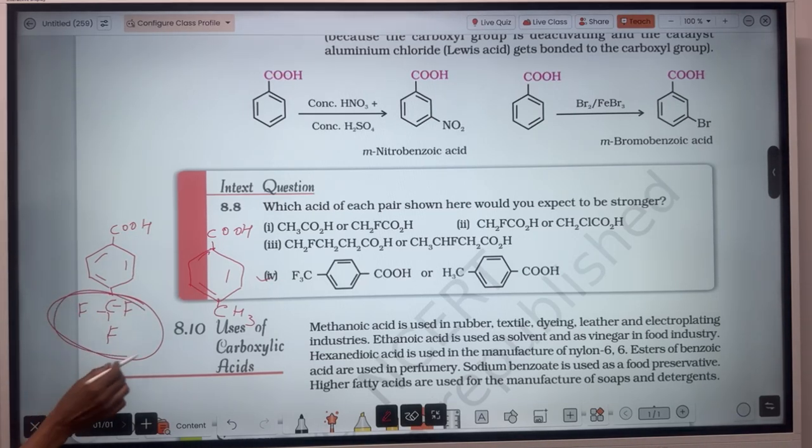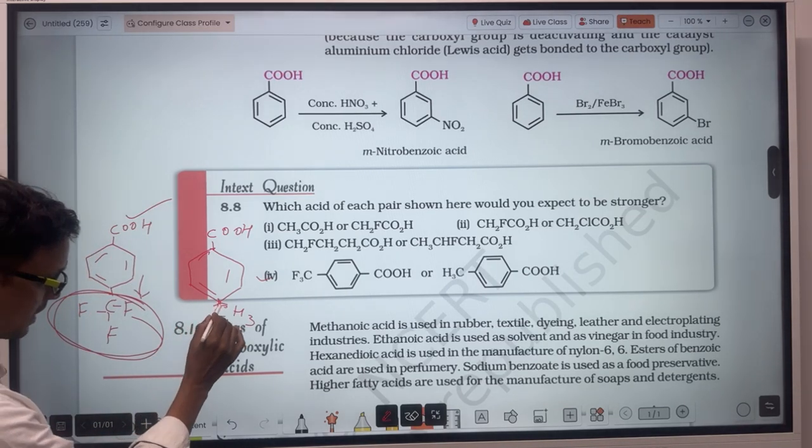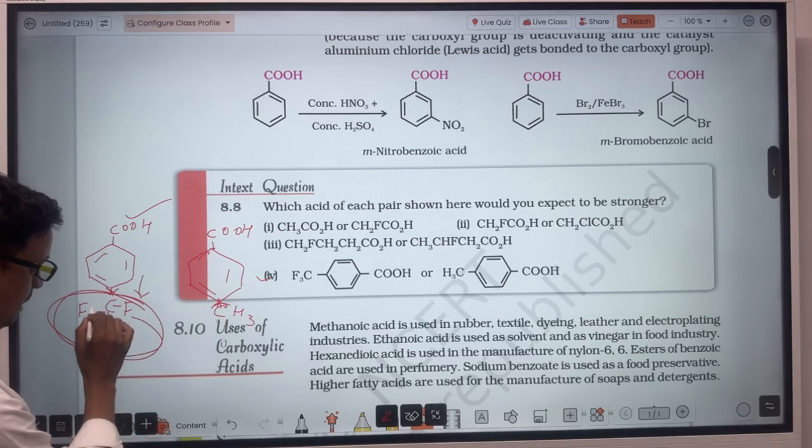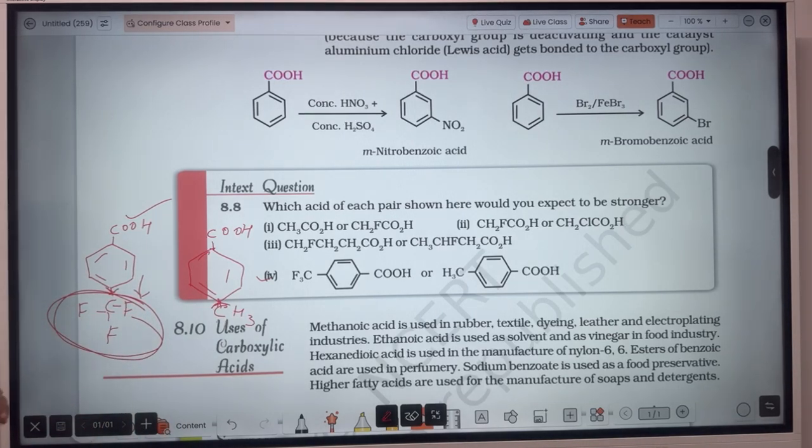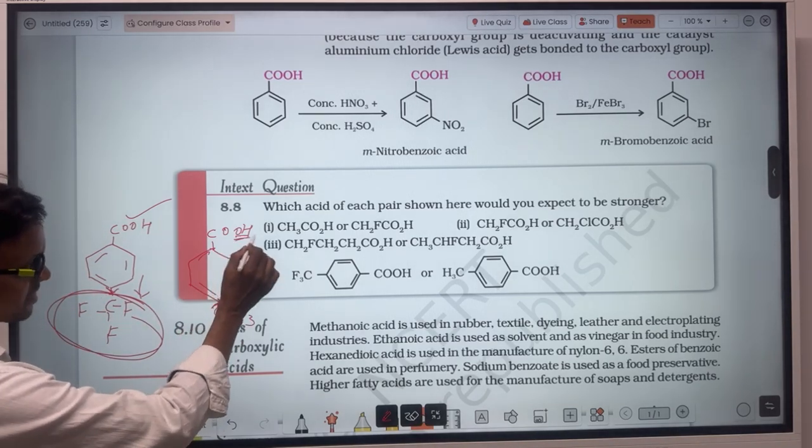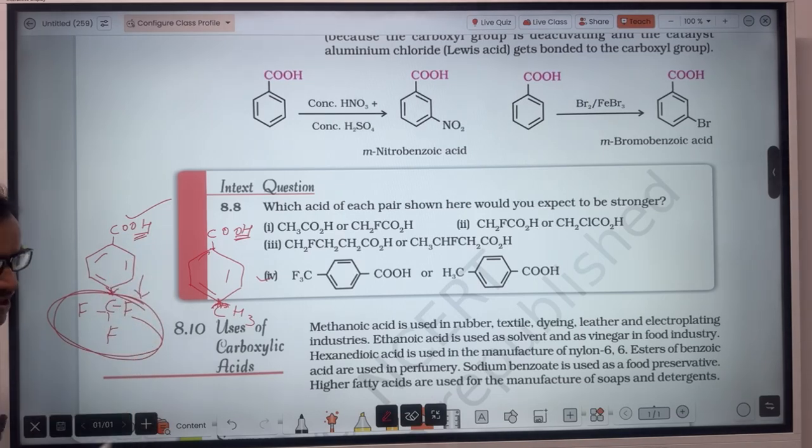So obviously it will tend to withdraw the electron from benzene. So there will be more stress on OH bond. Here methyl group, it will donate the electron to the benzene. Here this CF3, trifluoromethyl group will withdraw the electron from the benzene. But this methyl group will supply the electron. So here less stress on OH bond. Here more stress on OH bond. So this more stress on OH bond.